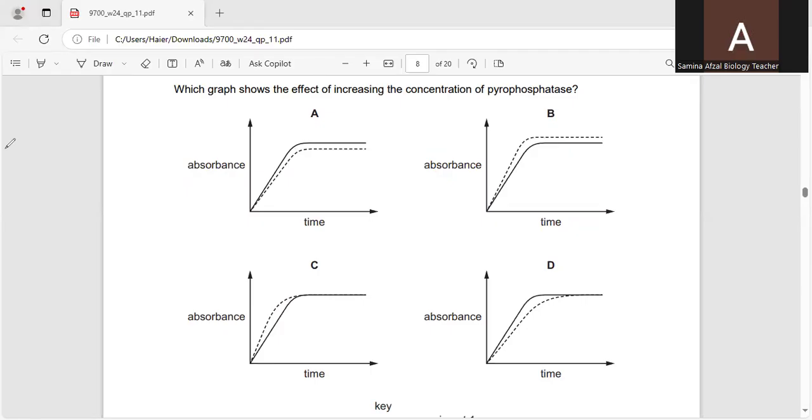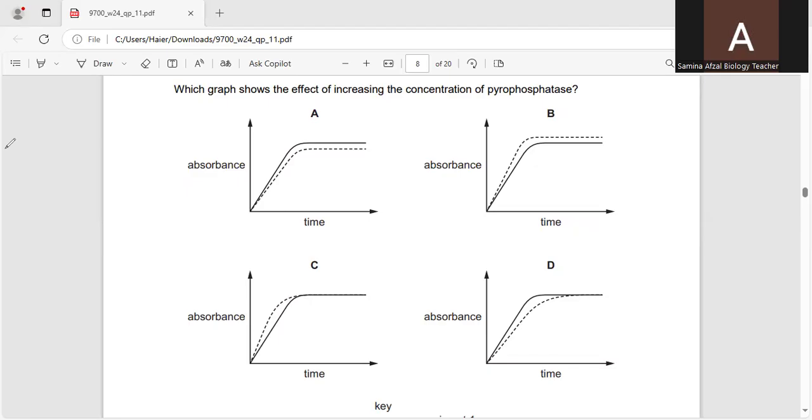It will be finished because the substrate concentration has decreased, as all of the substrate has been changed into product in a very short time. So the reaction will be stopped.